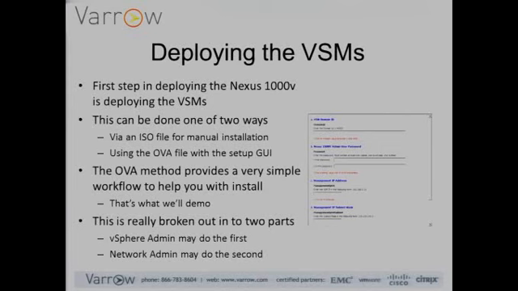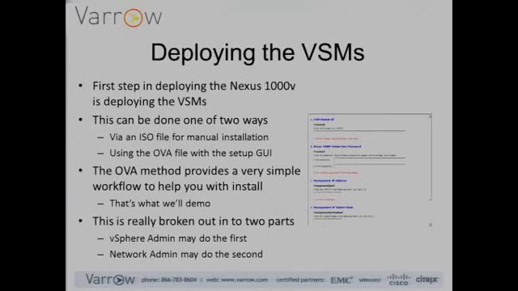And then it's broken out into 2 parts, and I get this question a lot. When you deploy the OVA, it asks you some questions for basic config. Then we launch a Java application to do some other config. Problem is, the Java application asks you some questions that you just answered a minute ago. So people are like, I messed something up. It's asking me for admin password and IP addresses again. No. The vSphere admin may do the first piece of actually deploying that virtual appliance.